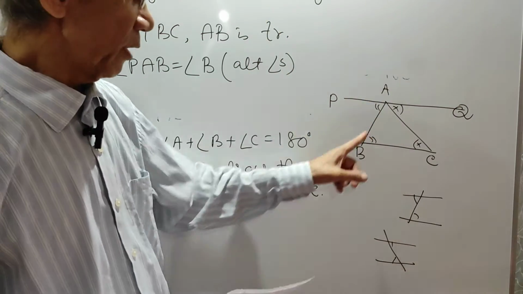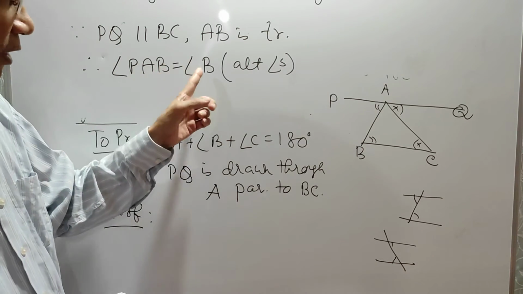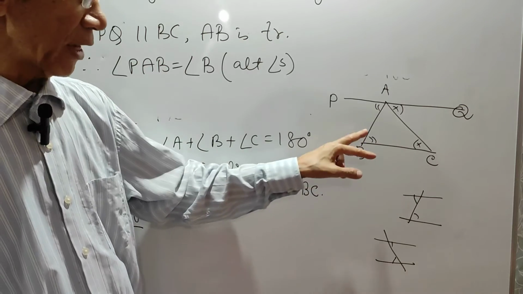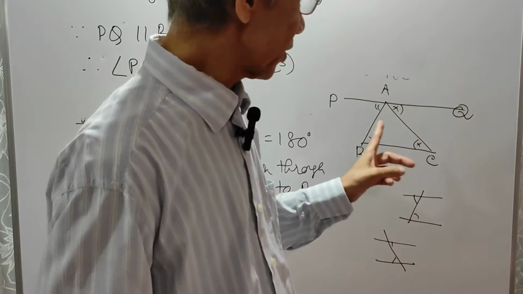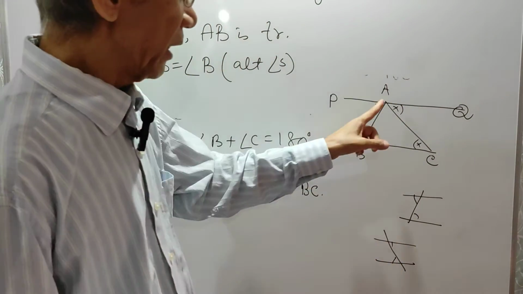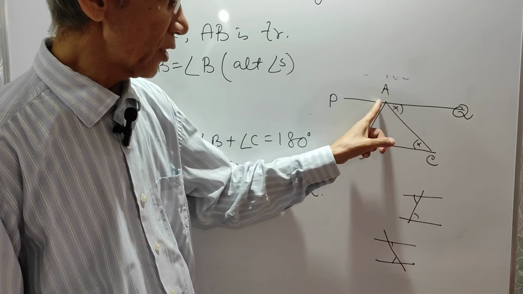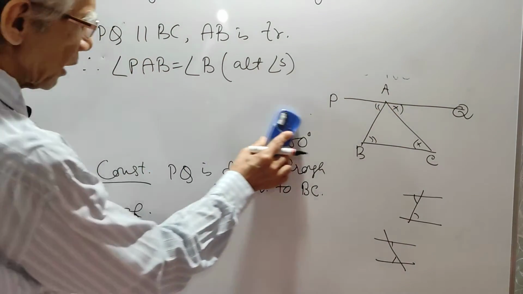Now you see, we are using only one letter because at this point B there is only one angle. When there is only one angle at a vertex, you can use one letter. But here we cannot use one letter. We have to use all three letters because there are so many angles here.